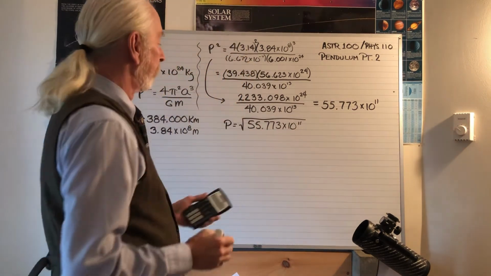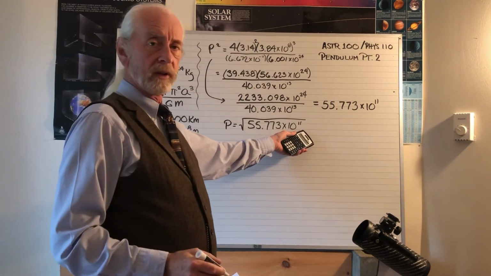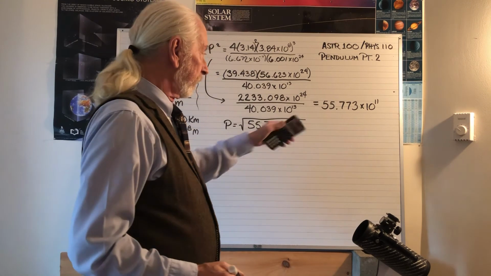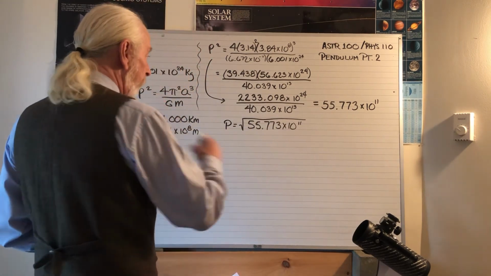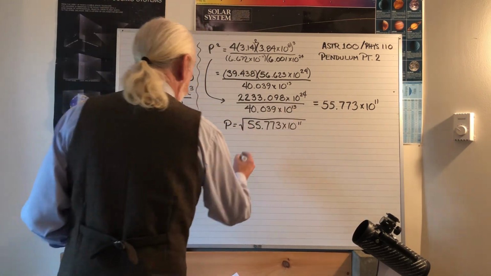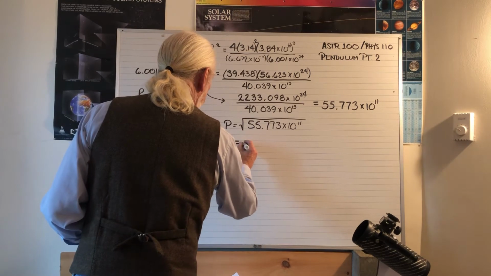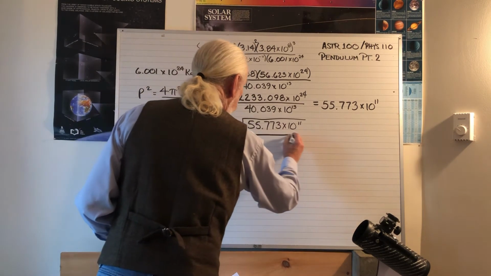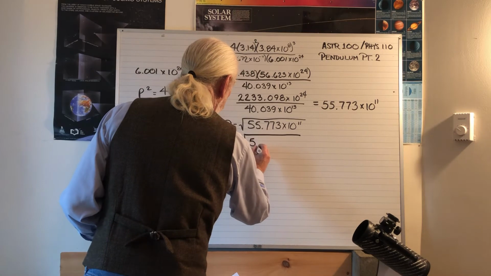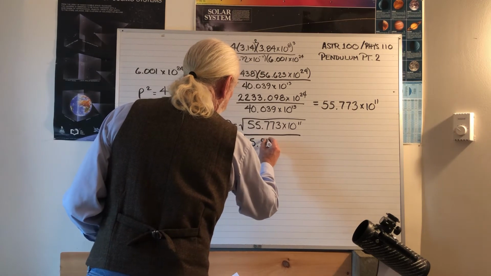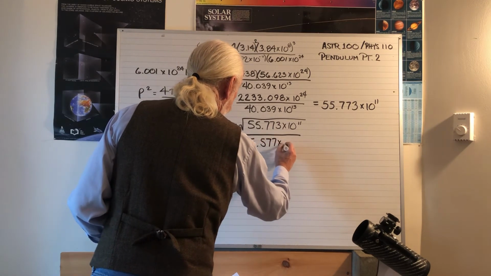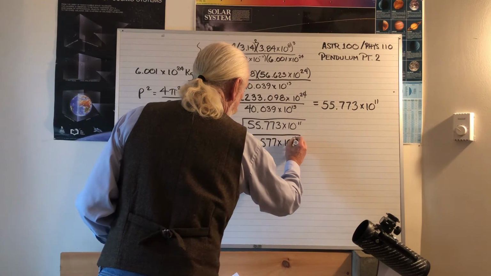Okay, well, can't do a square root on an odd numbered exponent, so we're going to cheat. I'm going to raise it up to 10 to the 12th. That will make it 5.577 times 10 to the 12th.